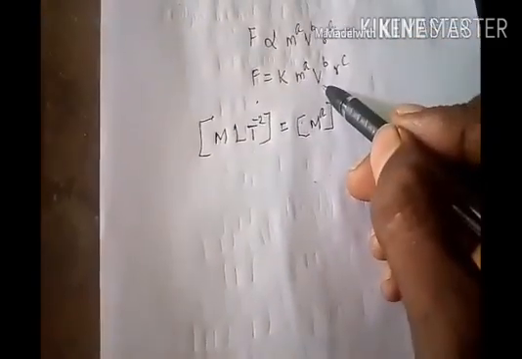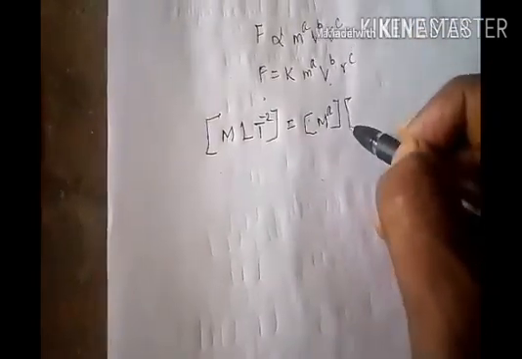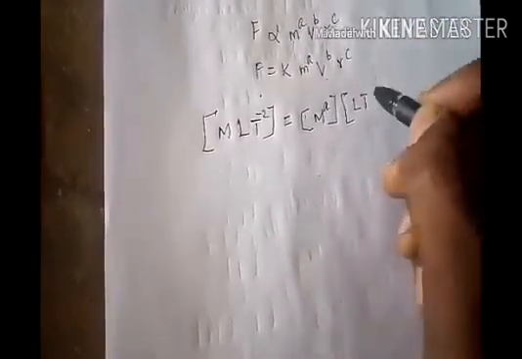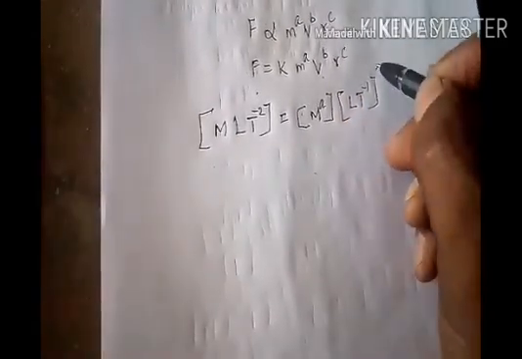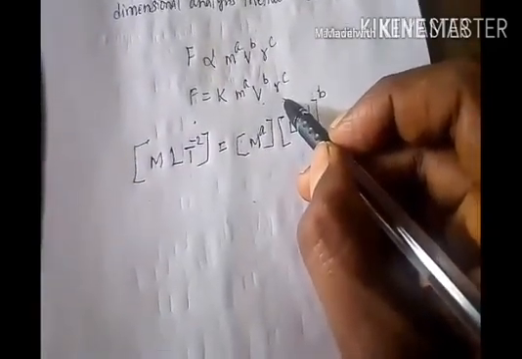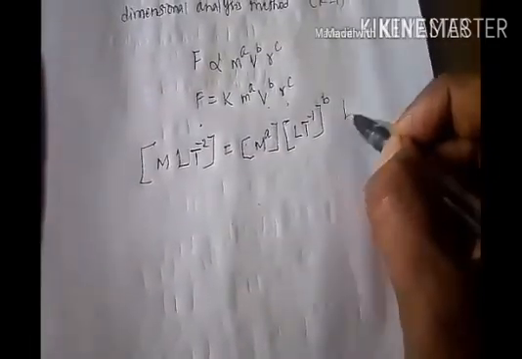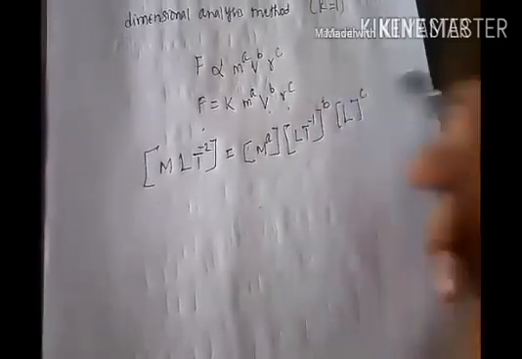Next, v is velocity, so the velocity dimension is L T power minus 1, and the power is b. Then r is the radius, and radius is length only, so the radius dimension is L power c.